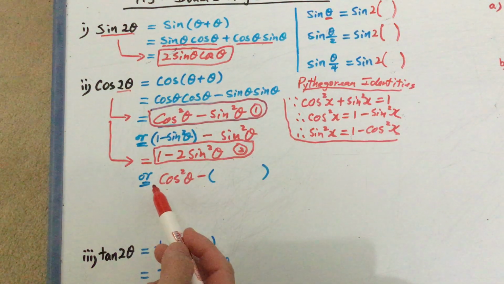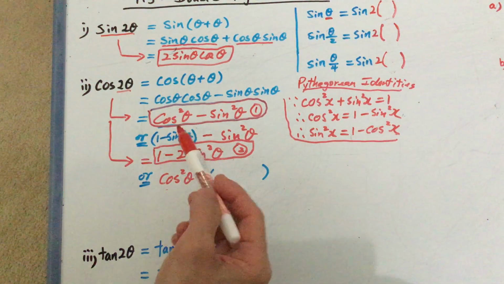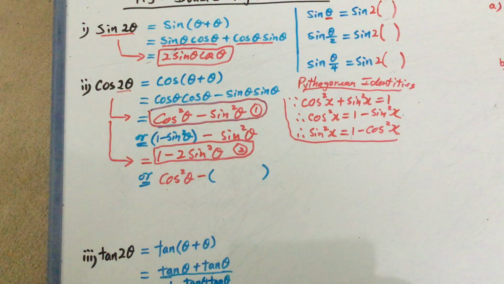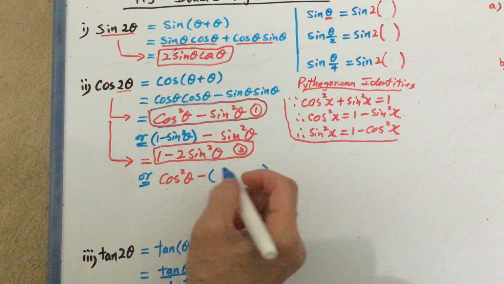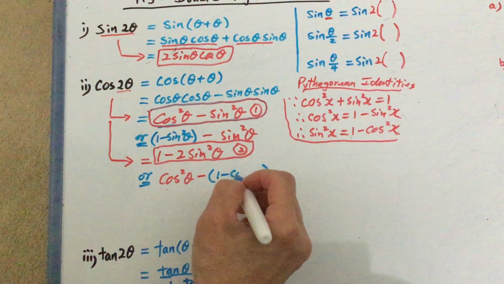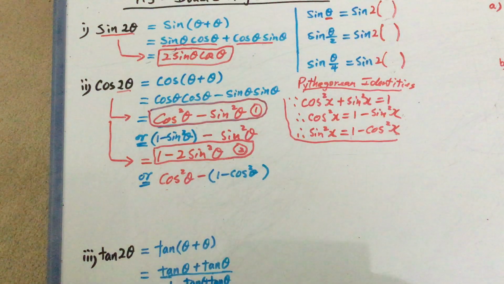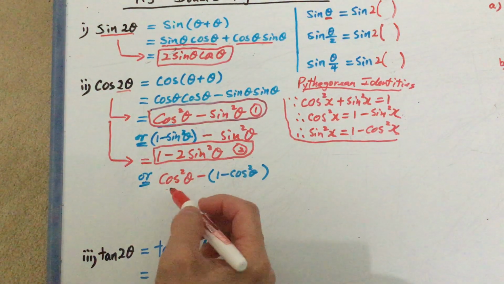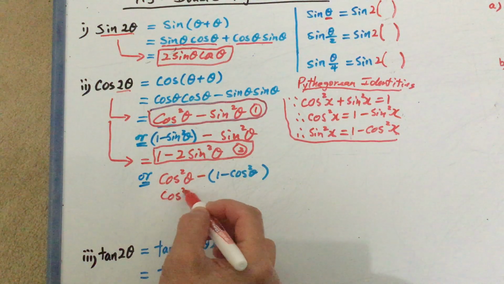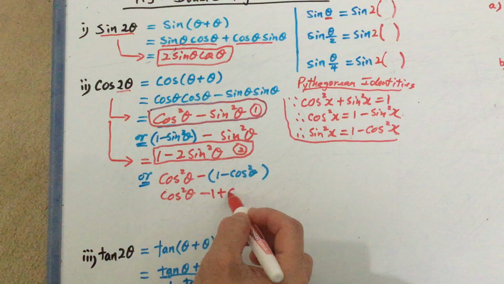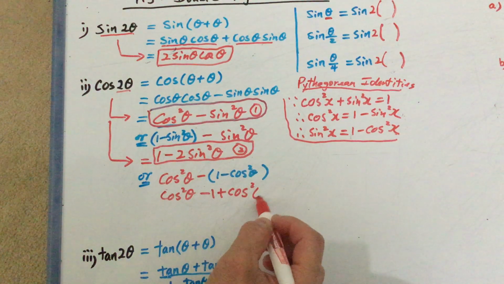And we can also go another step further by replacing the sine squared theta with 1 minus cos squared theta. When I expand the brackets, I will get cos squared theta minus 1 plus another cos squared theta.